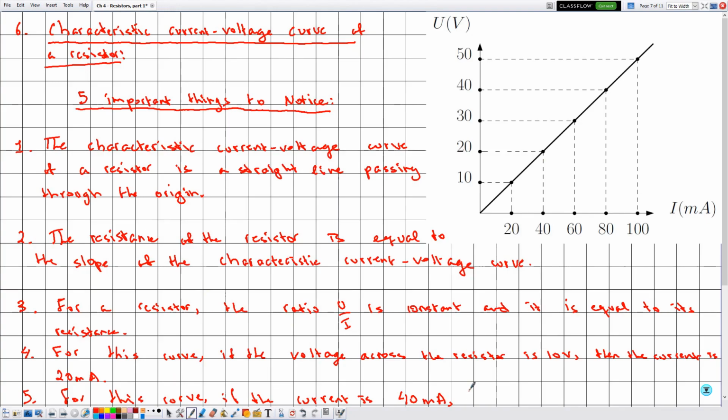Then we know that the voltage across the resistor is 20 volts.